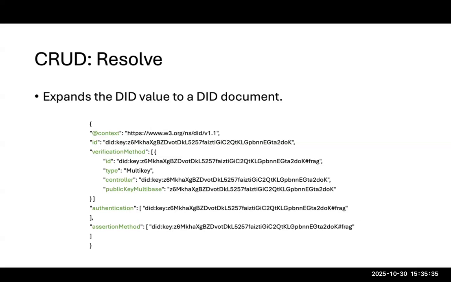And let's go through it. Of course, the context, again, version 1.1 of the DID specification, at least today. The ID of this particular DID document coincides with the did:key. I have used the same example in this particular DID. Then the verification method with the same ID and a fragment.